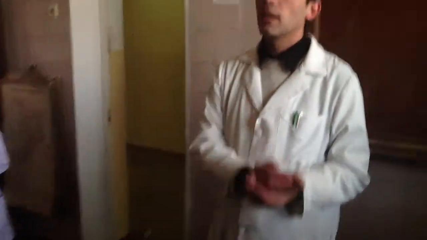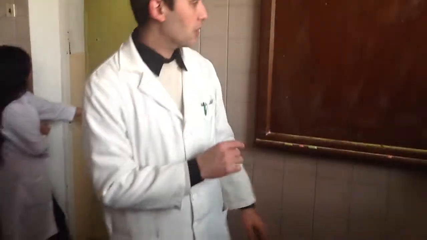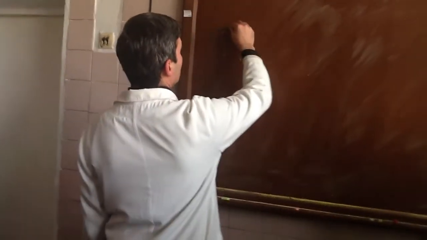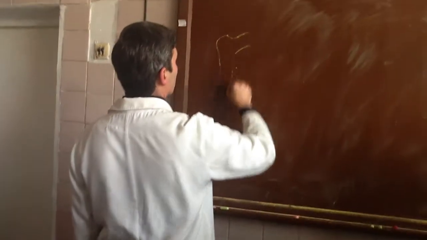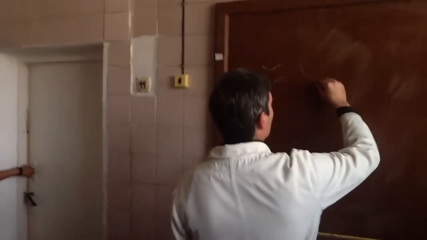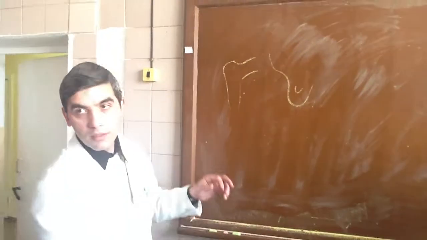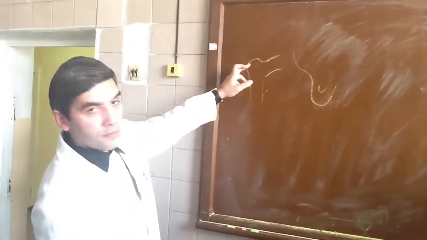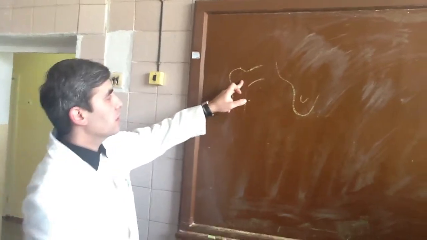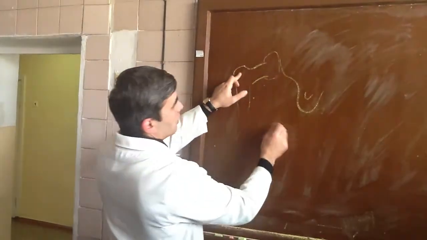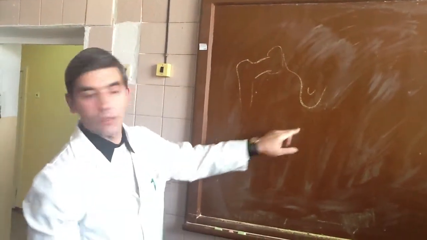First of all, you have to say what is the projection line of sciatic nerve. I want to remind you that the projection line of sciatic nerve is found out like this: we draw a line from the greater trochanter of the femur to the ischial tuberosity.